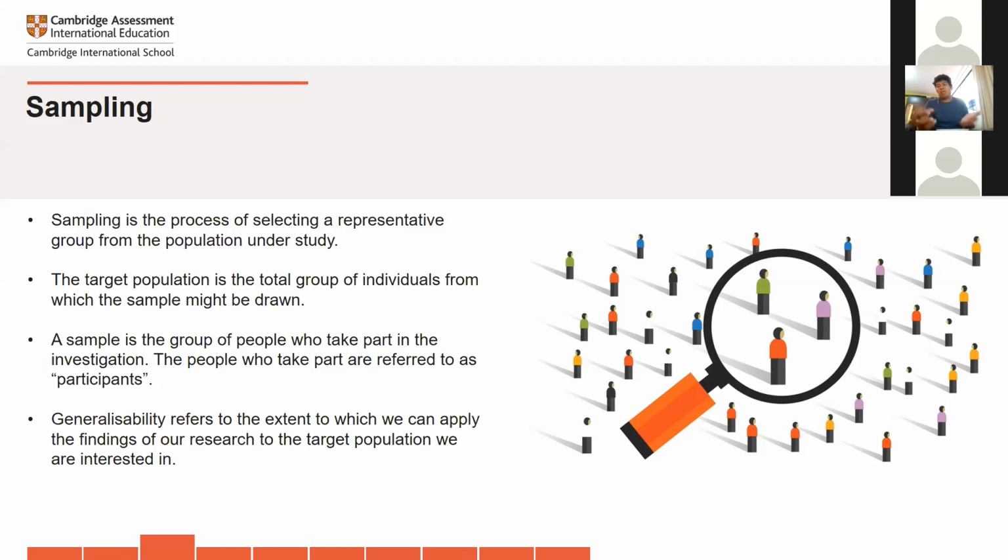Okay, if we want to study, for example, addiction to mobile and social media at Paradise of Children School, we are going to say that the target population is Paradise of Children students. And we are going to take a sample of this target population. We are not going to study each and every one of the 400 students.